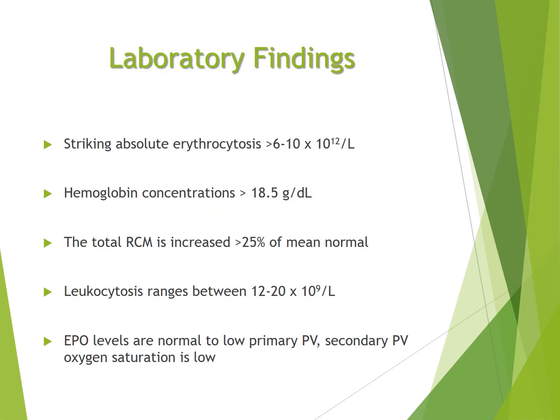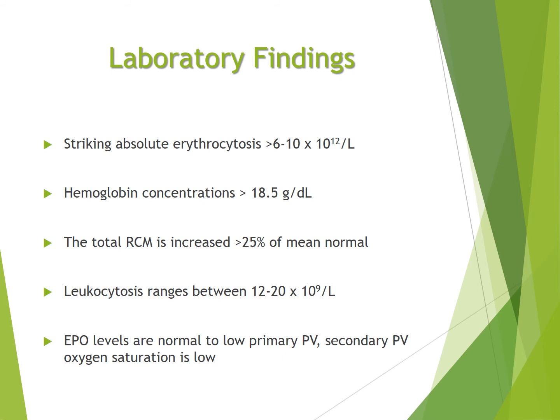Now, there are major and minor criteria for the diagnosis of absolute polycythemia vera. The major criteria are hemoglobin over 18.5 grams per deciliter and the presence of some kind of JAK2 mutation.